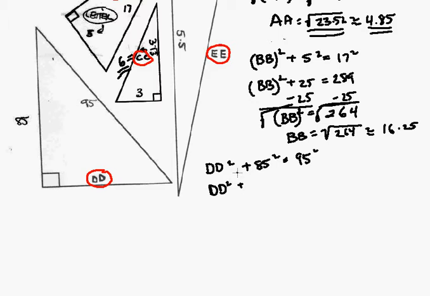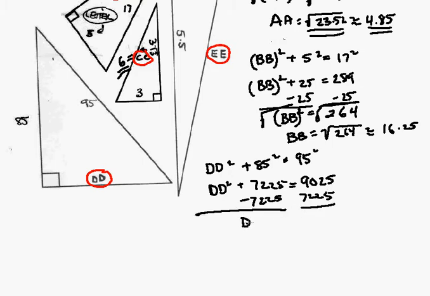85 squared is 7,225. 95 squared is 9,025. If I subtract 7,225 from both sides of the equation, I get this length squared is equal to 1,800 even.